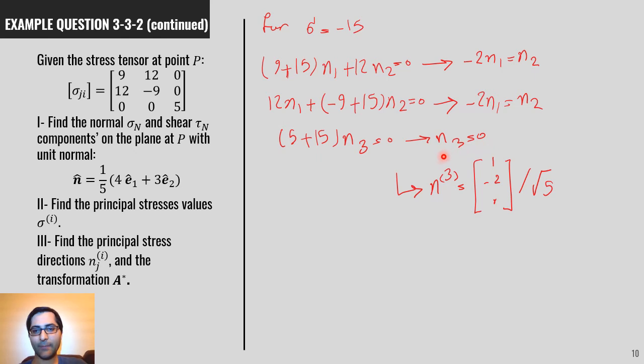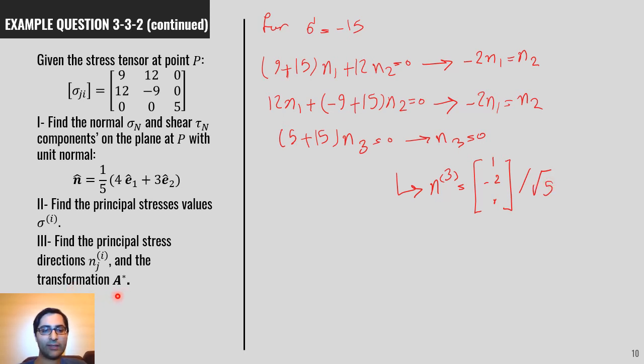It says that the third principal vector is a vector with n3 equal to 0 and n2 equal to minus 2 n1. We set n1 at any arbitrary value. We set it to 1 here, so n2 is minus 2 and n3 is 0, and we divide the vector by square root of 5 to normalize it.